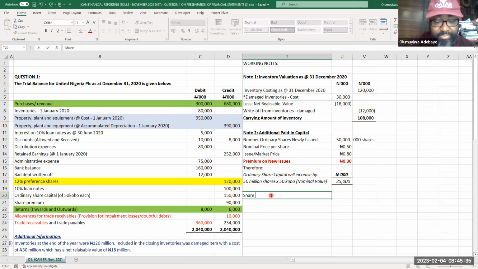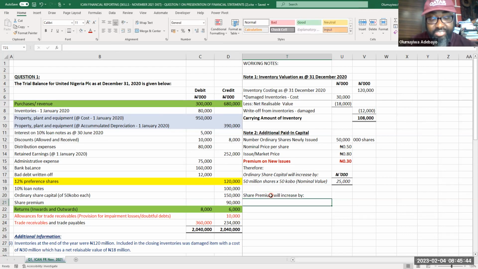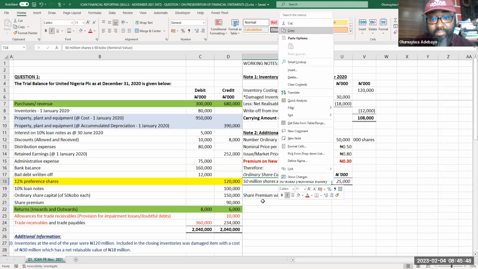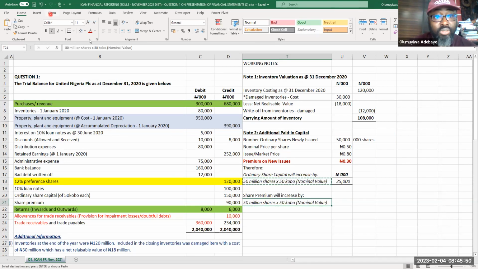Also, share premium will increase by 50 million multiplied by 30 kobo. Remember the premium. So that both 50 kobo and 30 kobo will now make up the issue price.